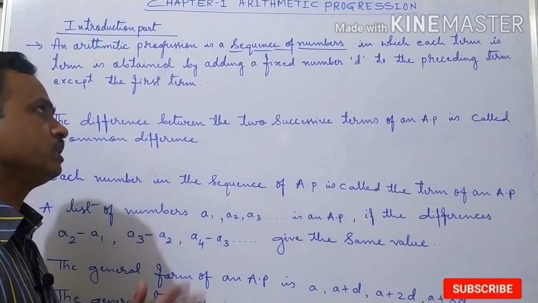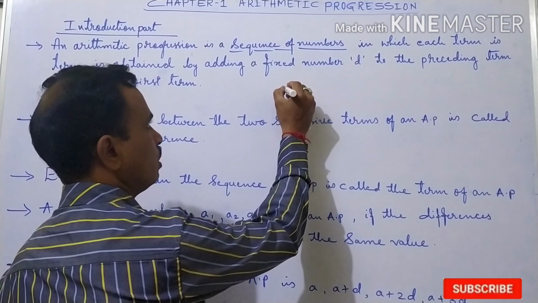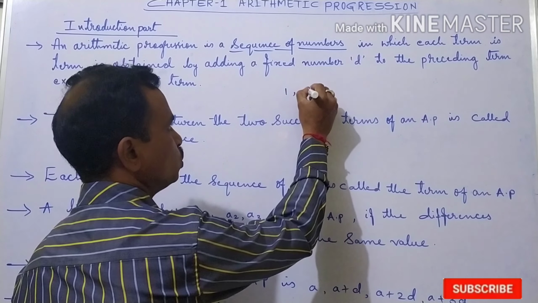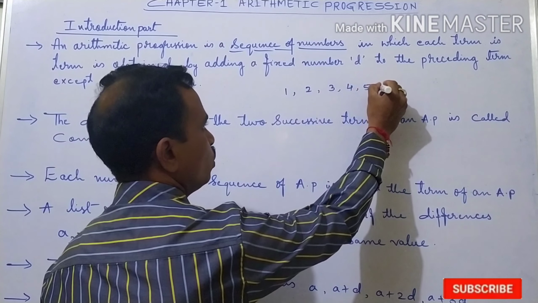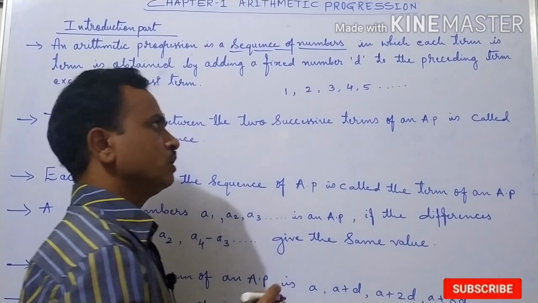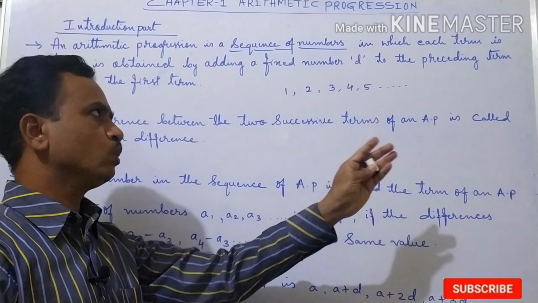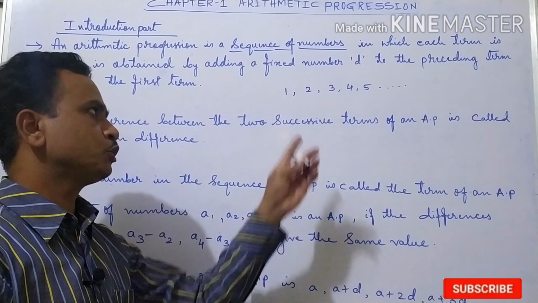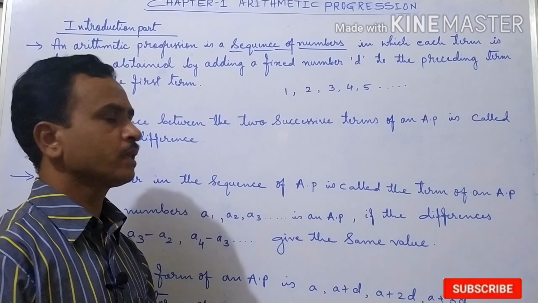So that is said to be a sequence of numbers. For example, 1, 2, 3, 4, 5 and so on. Here the numbers are arranged in a particular order, which is said to be a sequence of numbers.